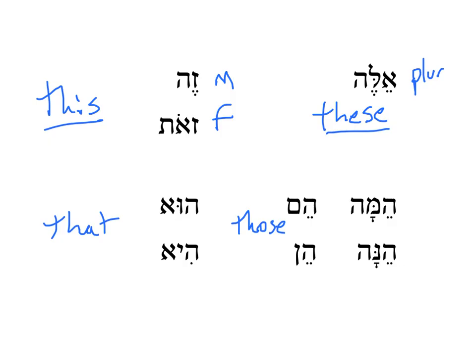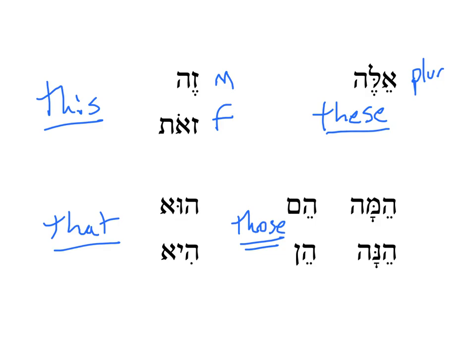Namely, hu can also function, when it's not about a person, for that, and hi also for a noun that's feminine, it would function for that. And again, you have the third person plural pronouns, masculine and feminine, also can function as those.